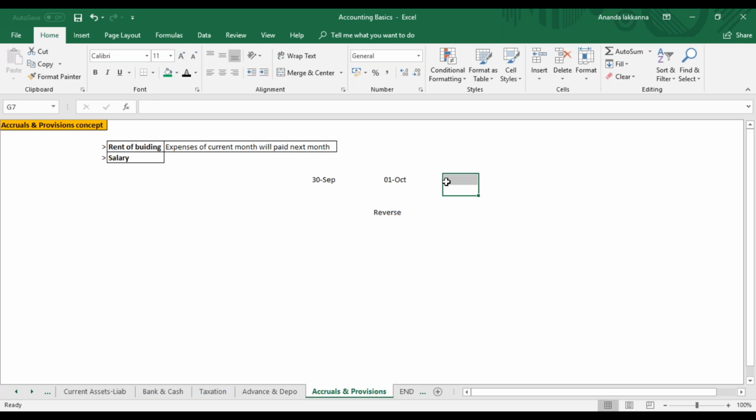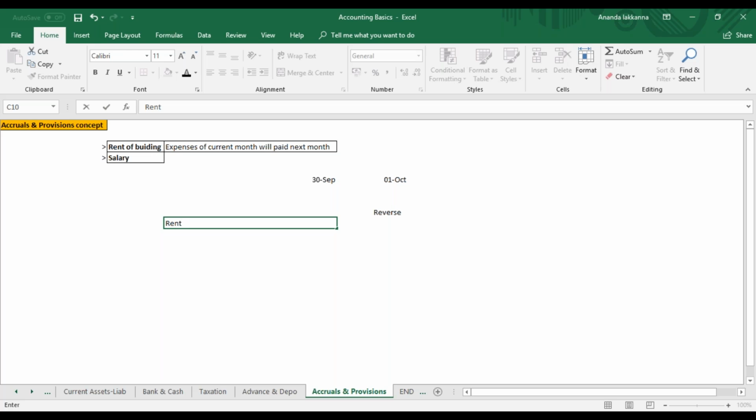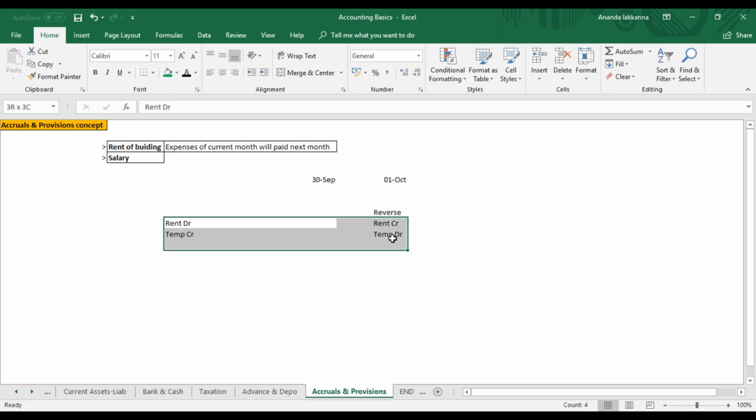For example, on 30th, rent debit to the provision account. This will happen on 1st of October: the reverse entry. This will happen every month, only to record the entries in the same month.